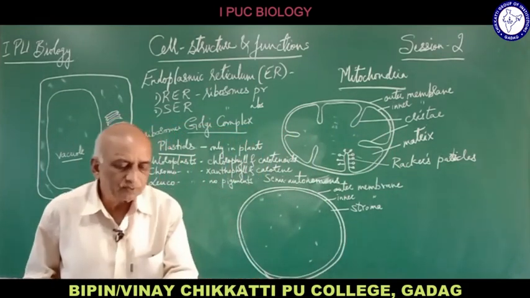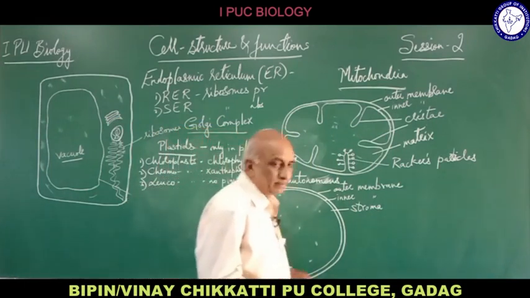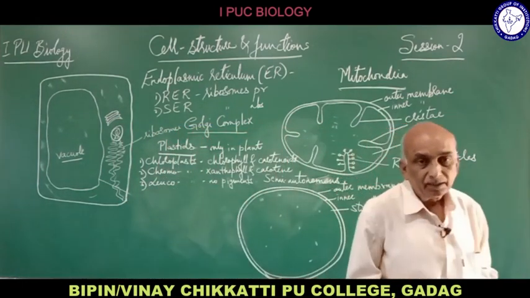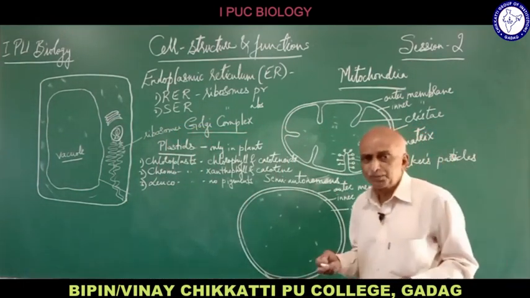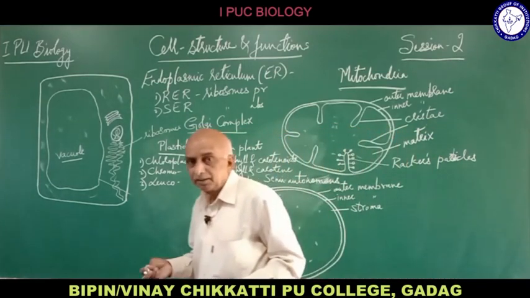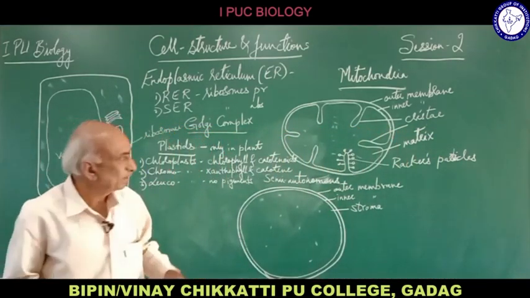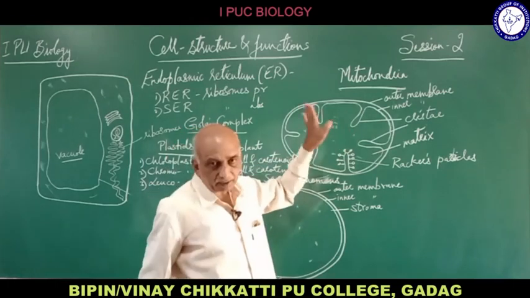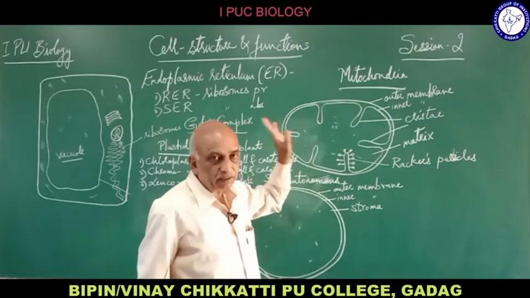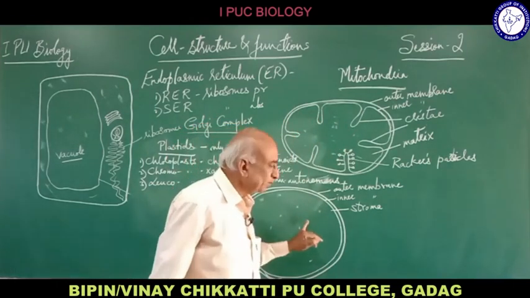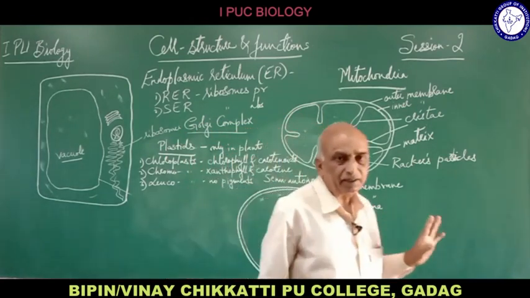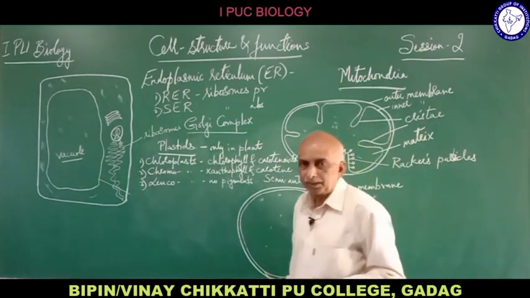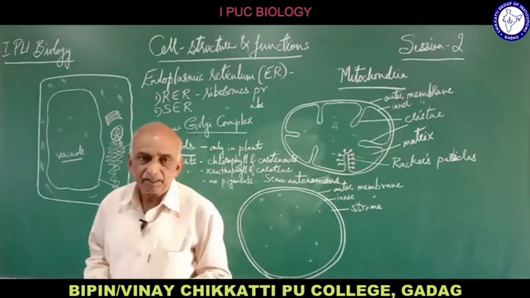The stroma contains, same as the matrix, ribosomes, enzymes, and DNA and RNA fragments. Similarly in the matrix also there are ribosomes, enzymes, DNA, RNA fragments. In the stroma also there are DNA, RNA fragments with the proteins, enzymes and ribosomes.